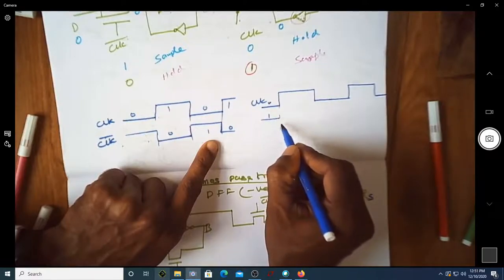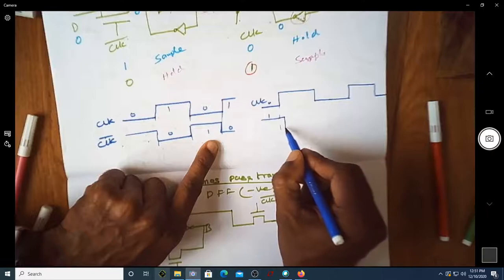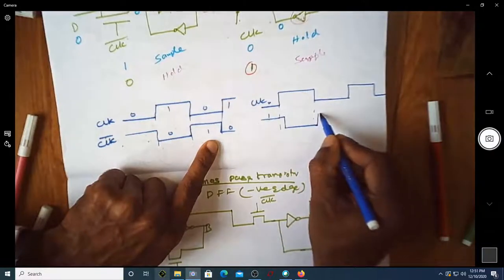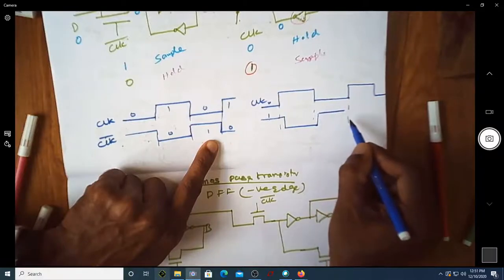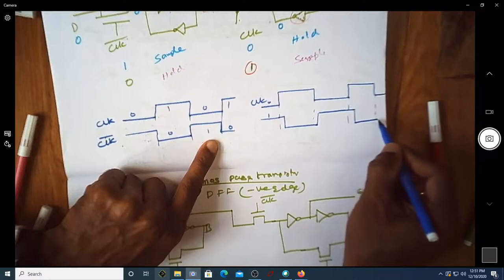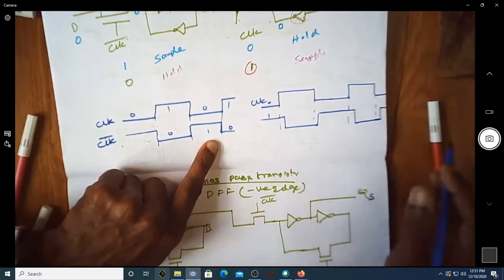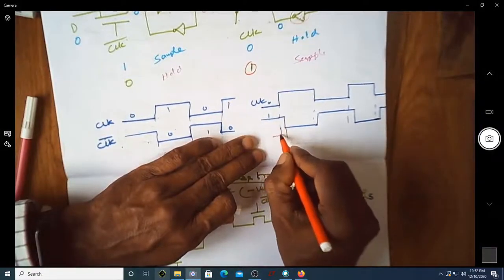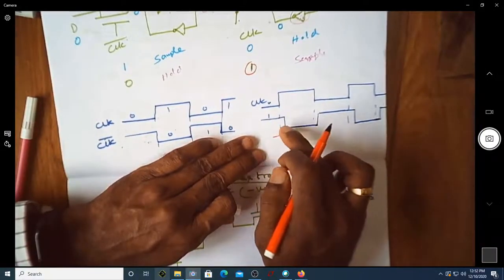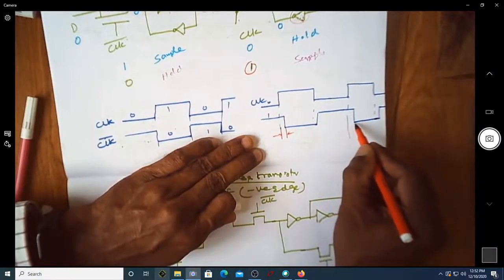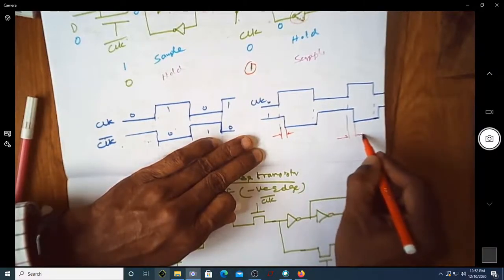Instead of this coming down here, if it slightly extends, you can see this is now delayed by some time. It is not exactly going down at this point, but is slightly delayed. This is happening here also.